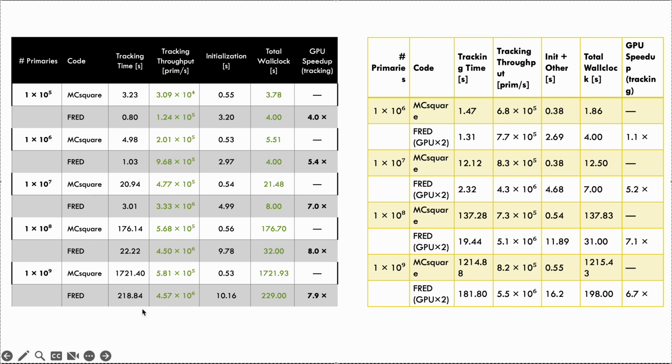And for 1 billion particles, it is 218 seconds tracking time, not the total clock time, which we can compare as well, and with two GPUs it takes 181. So of course two GPUs are faster than one GPU, that makes sense, but here lies the silver lining.